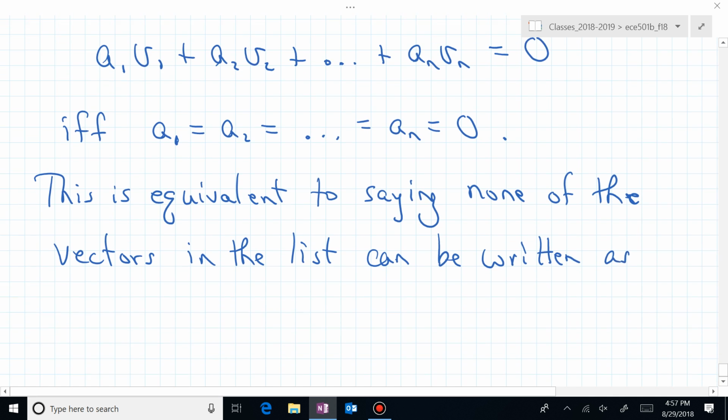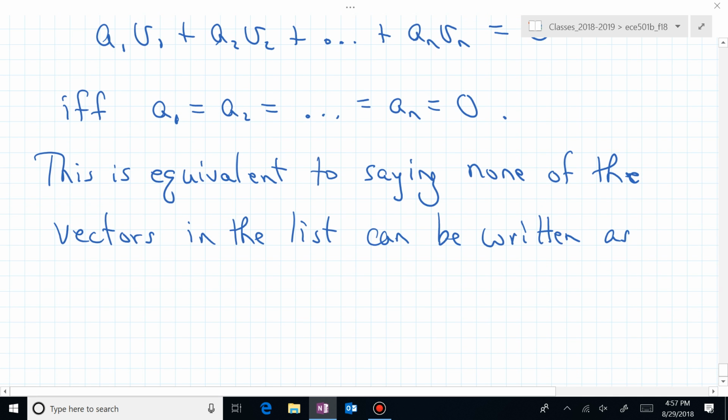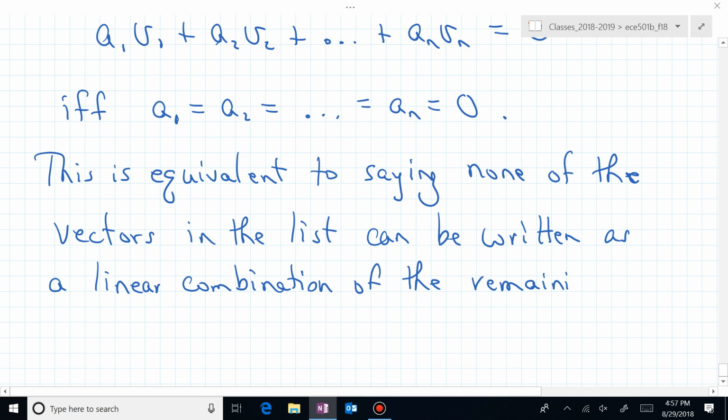So this is equivalent to saying none of the vectors in the list can be written as a linear combination of the remaining vectors.